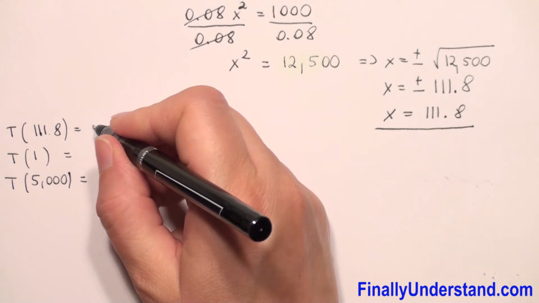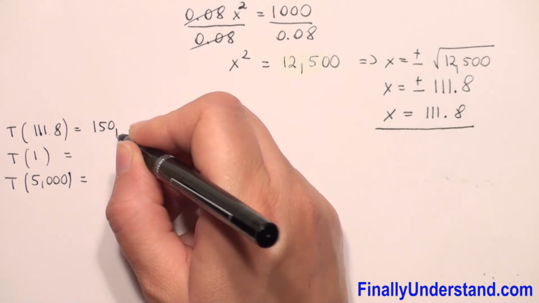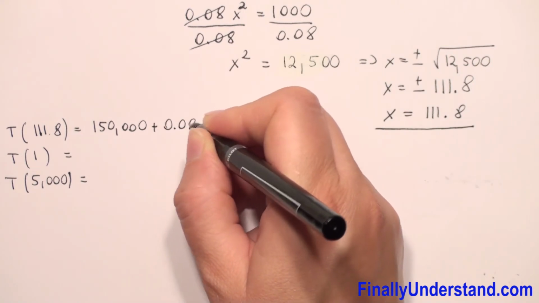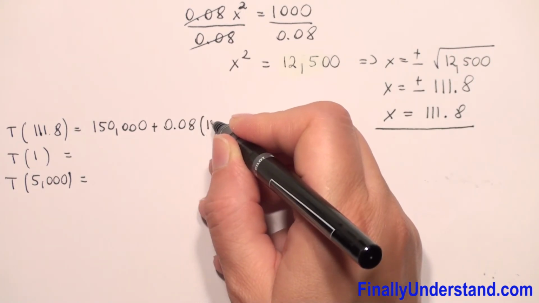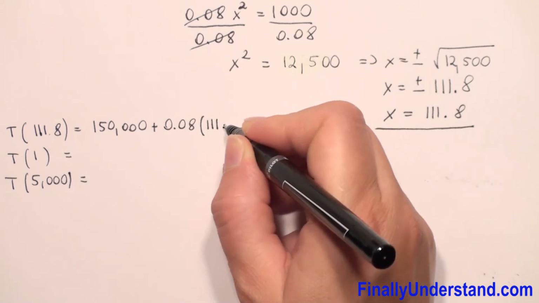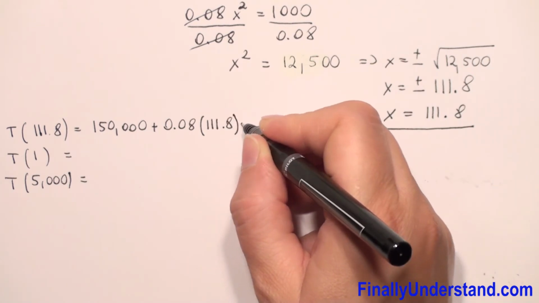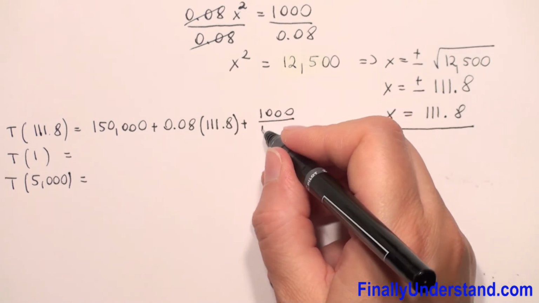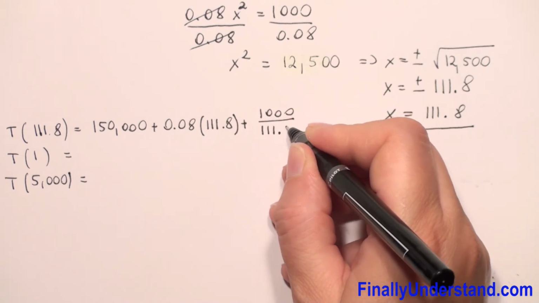So we have 150,000 plus 0.08 times 111.8 plus 1000 over 111.8.